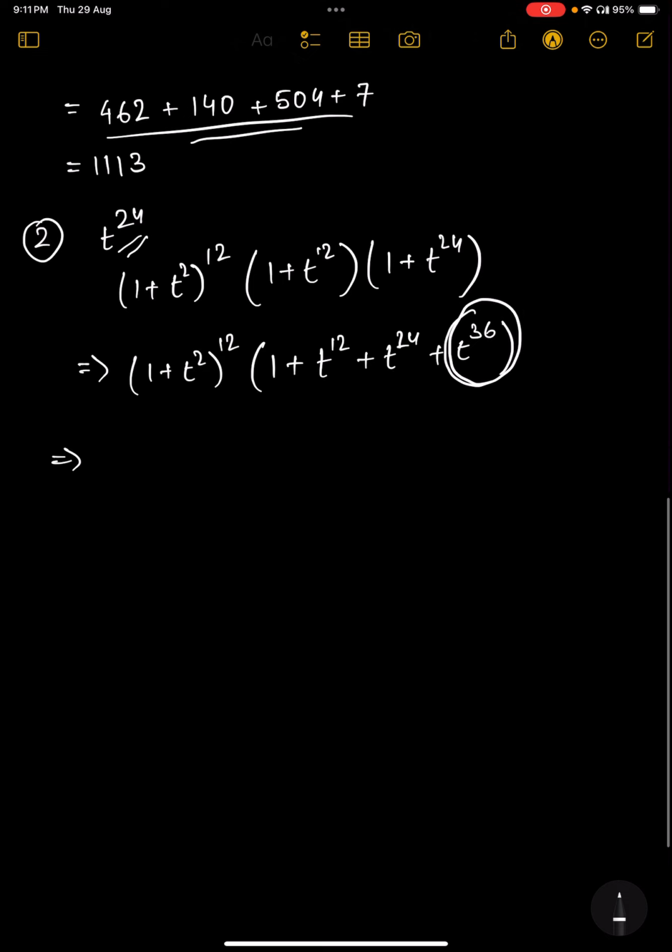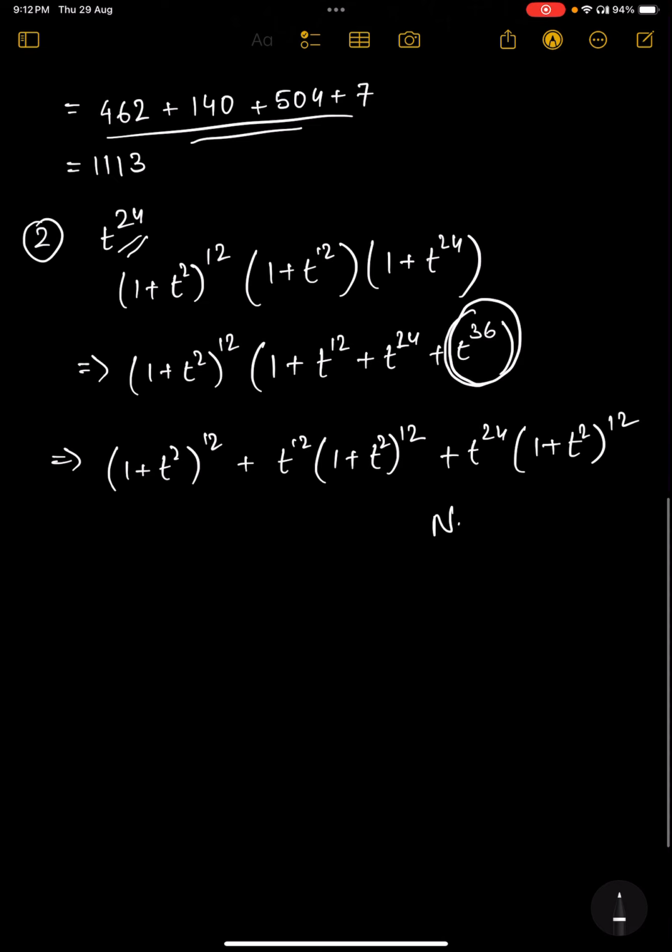So the terms of interest for me now are 1 plus t power 12 into 1 plus t square power 12 plus t power 24 into 1 plus t square power 12. I have neglected the term t power 36. I'm making it very clear.